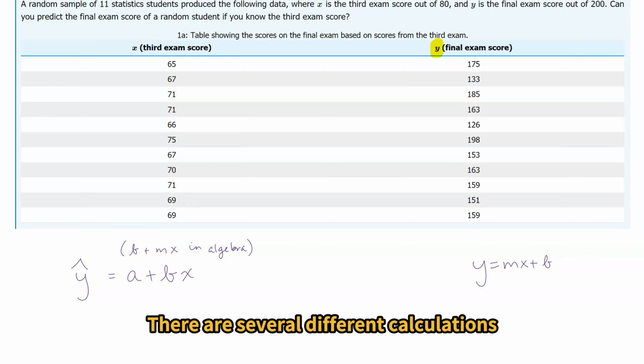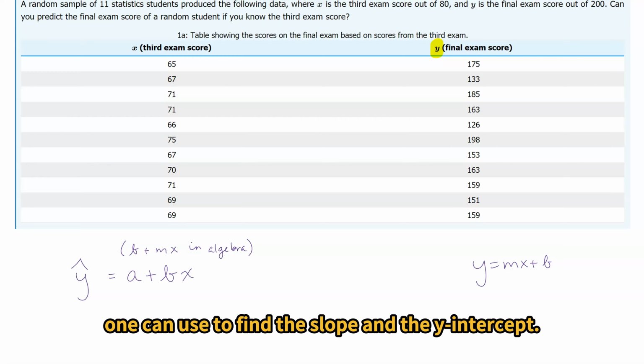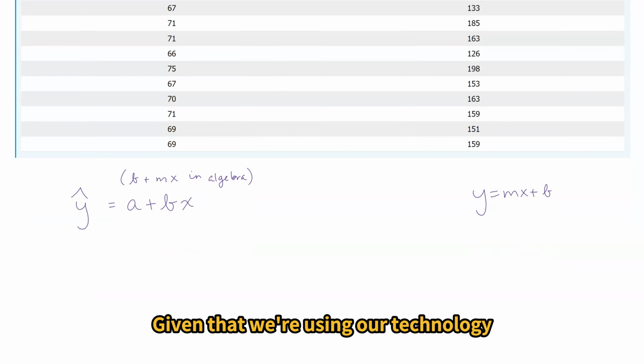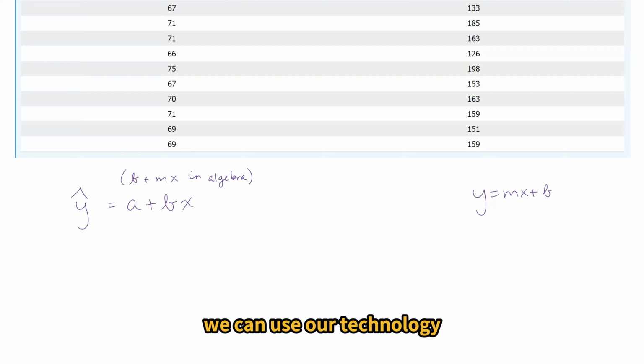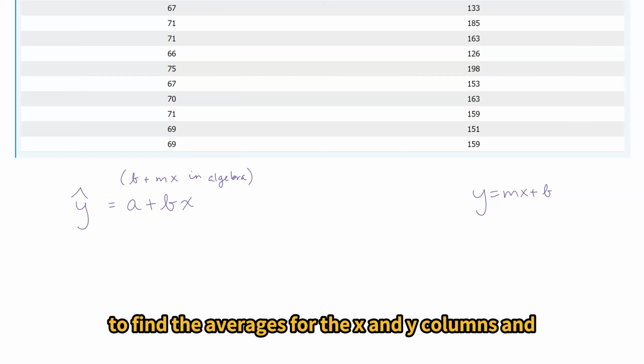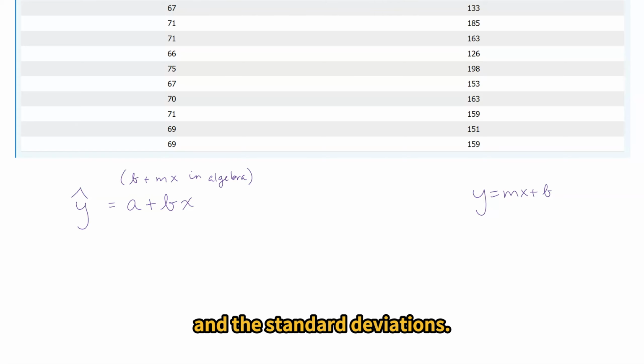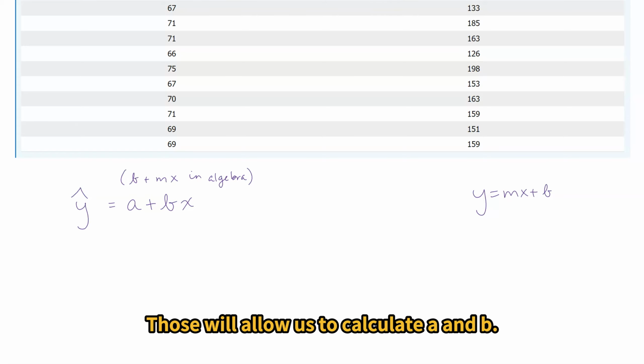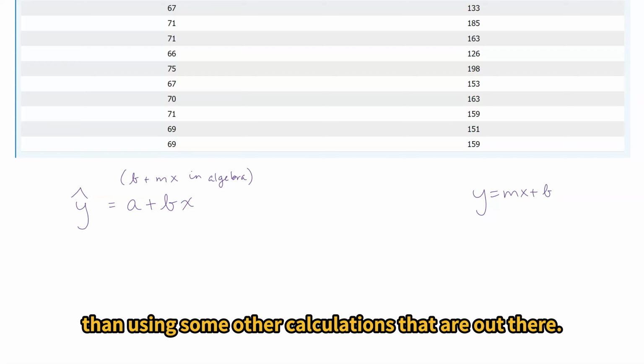There are several different calculations one can use to find the slope and the y-intercept. Given that we're using technology, we can find the averages for the x and y columns and the standard deviations. Those will allow us to calculate a and b much more straightforwardly.